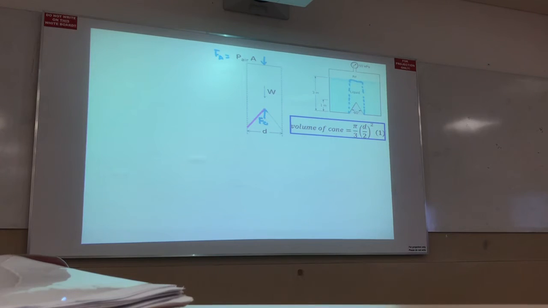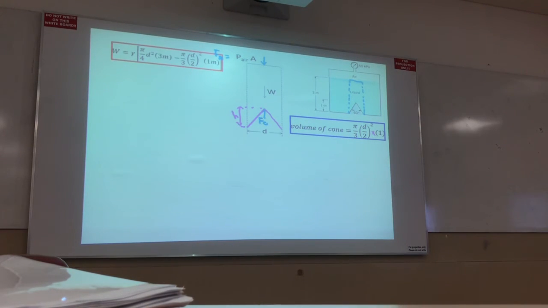The volume of the cone, I know, is pi by 3 r square h. The distance from here to here is 1, right? Then I can write pi by 3 r square h, or d by 2 square h. I can get the volume of the cone.